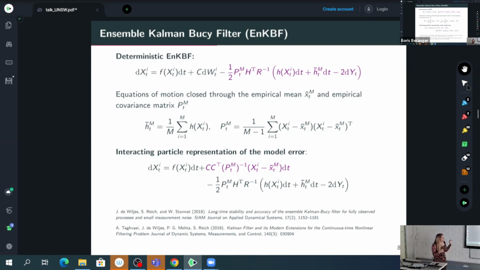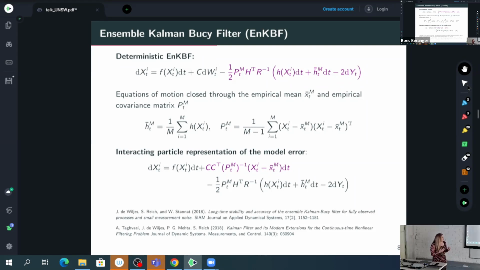And this has been used for many years in practice, but from a mathematical point of view, it has actually not been very well understood, like what the properties of these filters are, and if we can show some kind of level of accuracy. And yeah, in the last, let's say, 8 years, people have started to look at this.